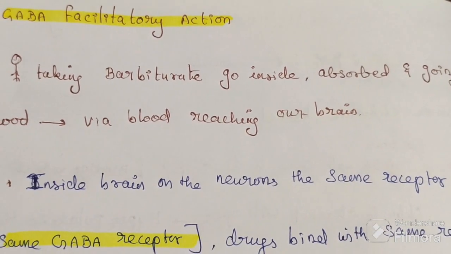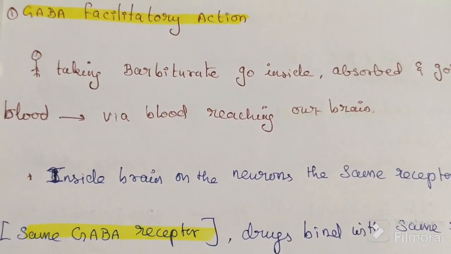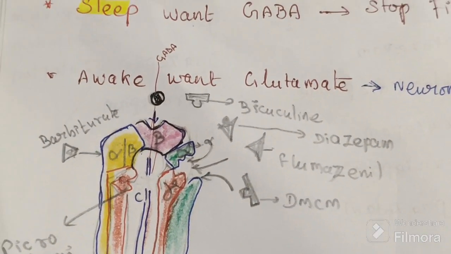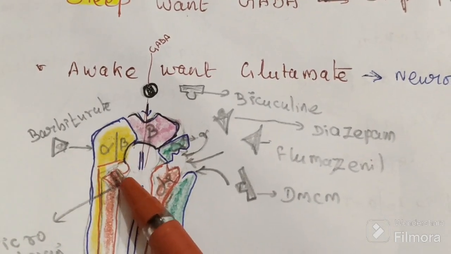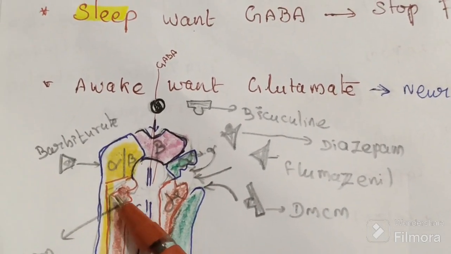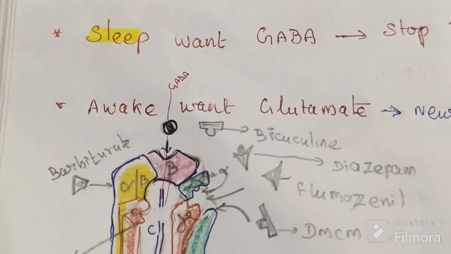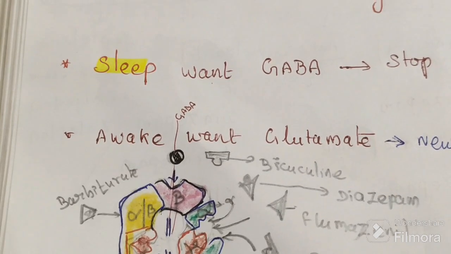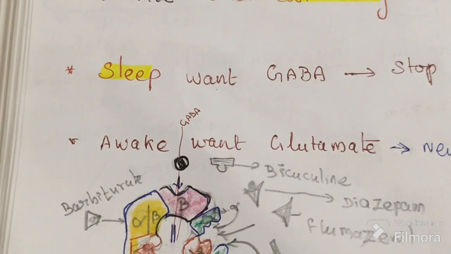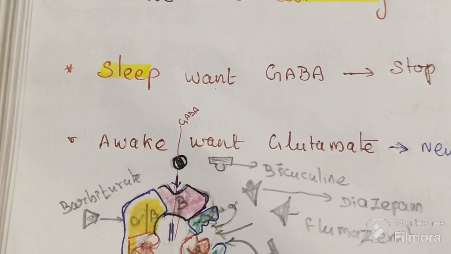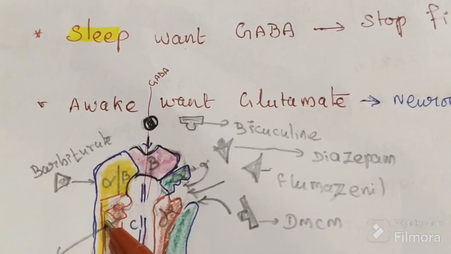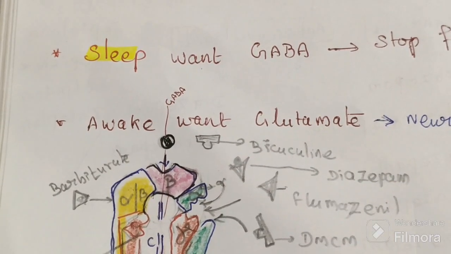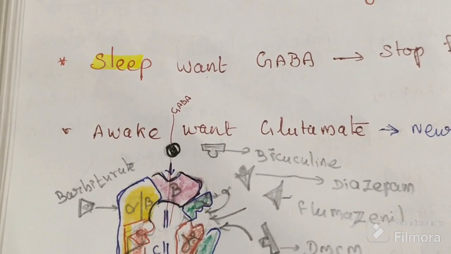Inside the brain, on that neuron, the same receptor for GABA is present, and the barbiturate binds to the same receptor on which natural GABA binds.